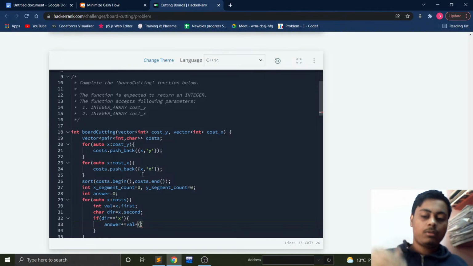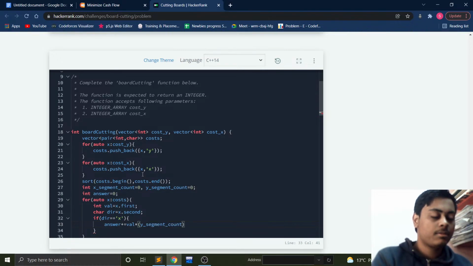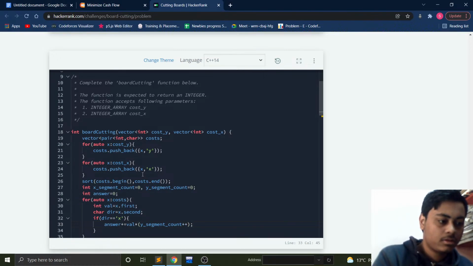No, so I want the number of y segments, y segment count, which will become plus plus as well.